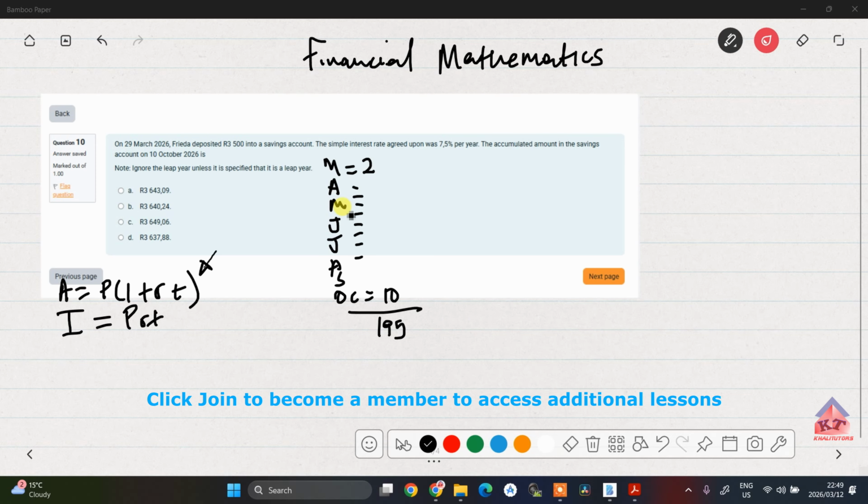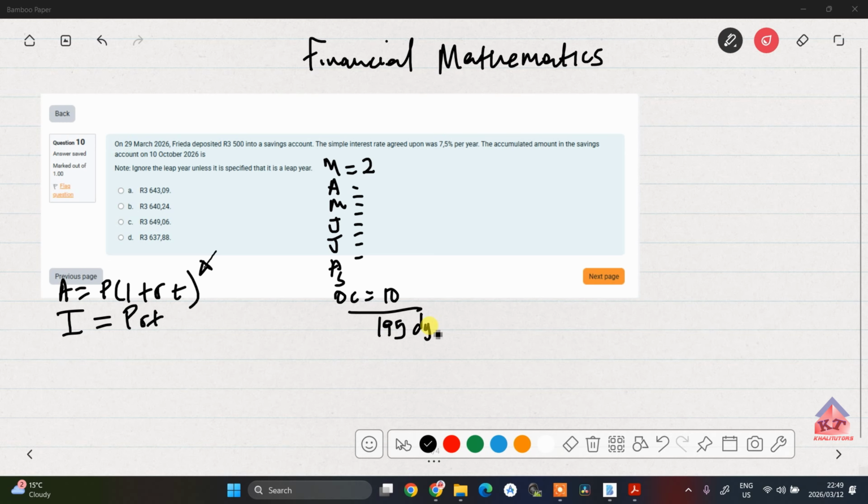Okay, so in order for us to convert from days to years, we know that there are 365 days in a year. So if we say 195 divided by 365, we are going to get time in years. Okay, so in terms of this one, our equation will be as follows. Equals to A, which is the accumulated amount.